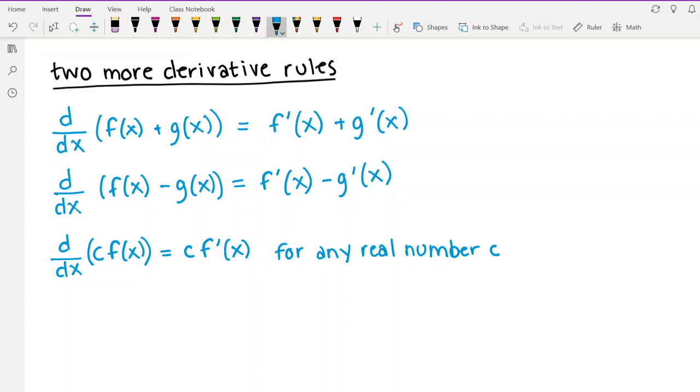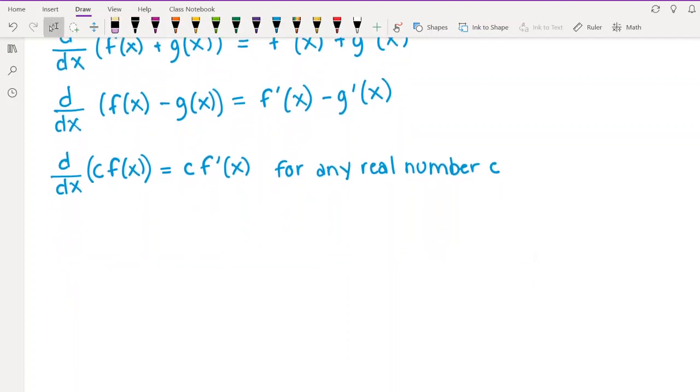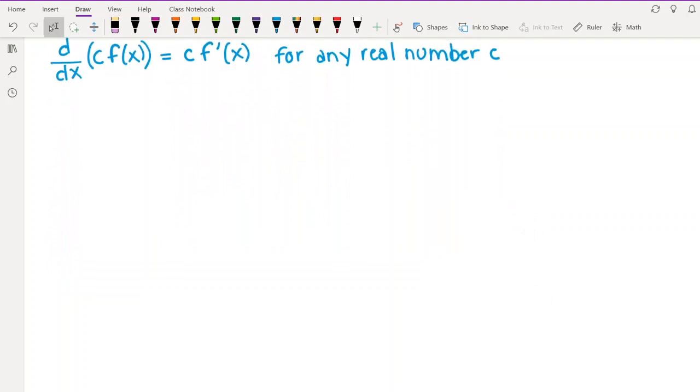Okay, so let's look at some examples of how this actually works. Let's say you wanted to take the derivative of the function f of x is equal to x to the 100 plus 1 over x plus square root of x.